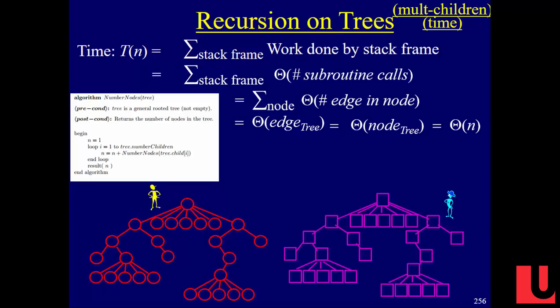What I hope you would be able to say is, well, the running time is the sum over all the stack frames of how much the stack frame works. Each stack frame may be doing an arbitrary amount of work, but the total work is proportional to the number of edges, and each child only has one parent.